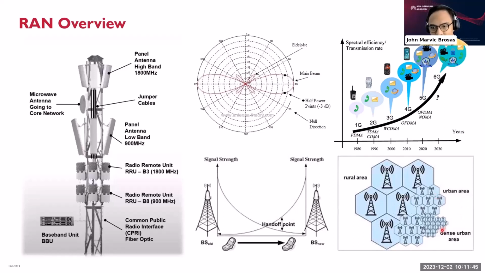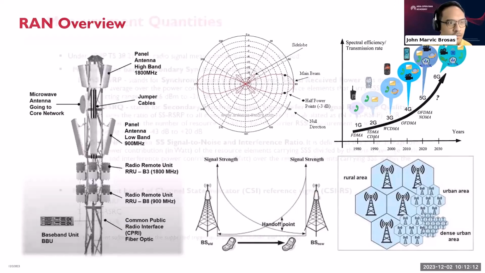And then if you go to the CBDs in Metro Manila, usually the MNOs tag Ortigas, Binondo, Makati, BGC as dense urban areas na mas maliliit or mas malalapit yung site-to-site distance like this one. So this is basically an overview of the radio access network that would guide us later in the discussion.